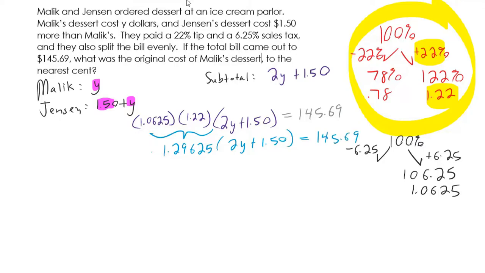Now, instead of distributing, I feel like it'll be easier here to divide both sides by the 1.29625. So 145.69 divided by 1.29625 is 112.39, and there are some other decimals after that.